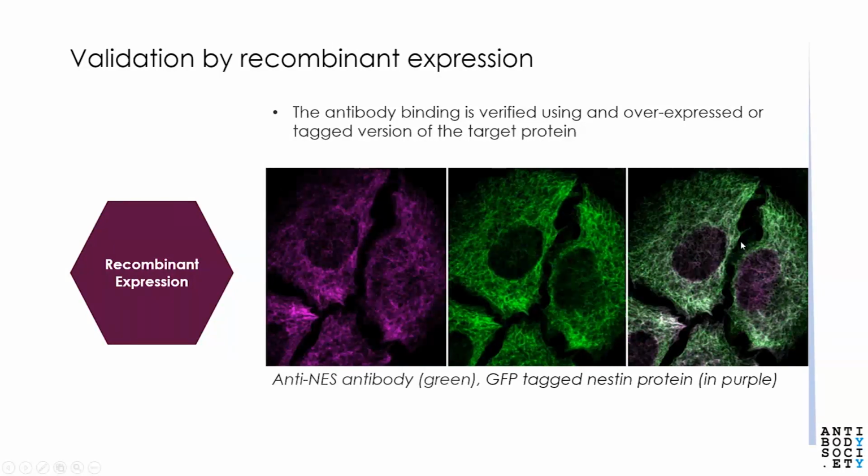When you overlap the two images, you have almost 100% overlap between the green and the purple, which, as we've said before, really validates the specificity of the antibody for that protein because of the overlap with the GFP-tagged image.